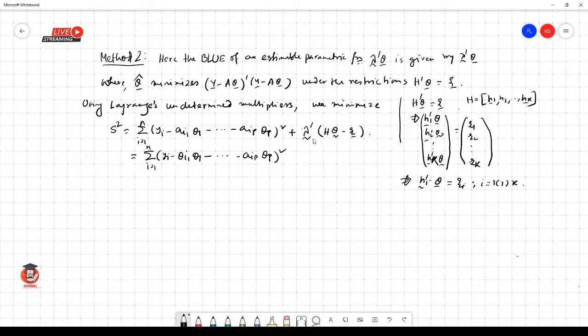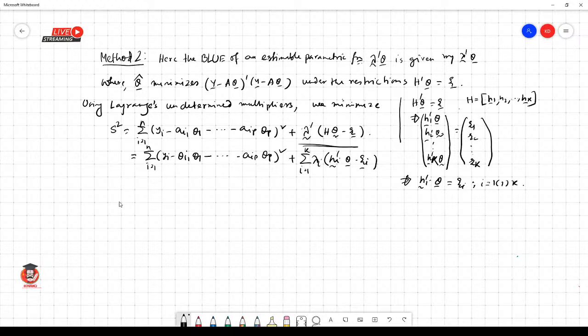So instead of this we can write this as the sum of λi (hi'θ − ξi), i from 1 to k.